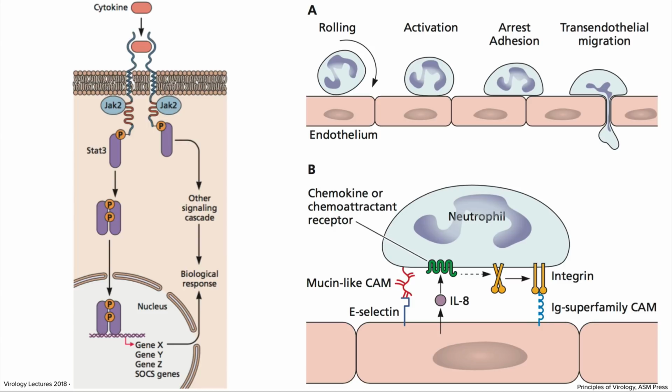So again, there's some infection below that has induced the synthesis of a chemokine. This is binding to a receptor on the neutrophil. That leads to the production of an integrin that then will interact with a molecule on the endothelial surface. So the chemokine is inducing events to allow the neutrophil to attach and eventually migrate through to the infected area. So that's what these proteins are doing.